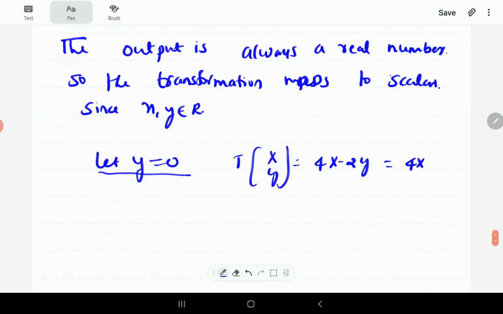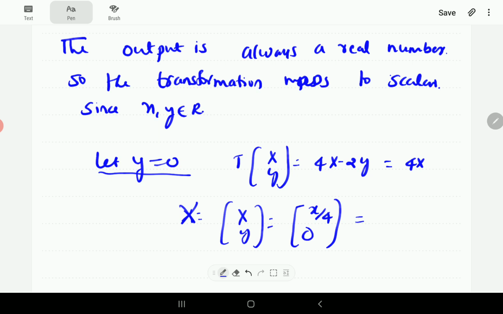Now if I write it in terms of a, if y is 0, which is free, then x is a over 4. So if I take a out here, it is a times (1/4, 0).